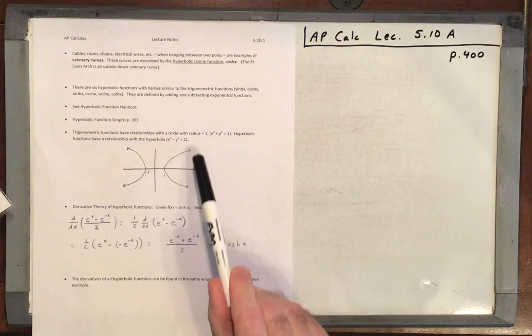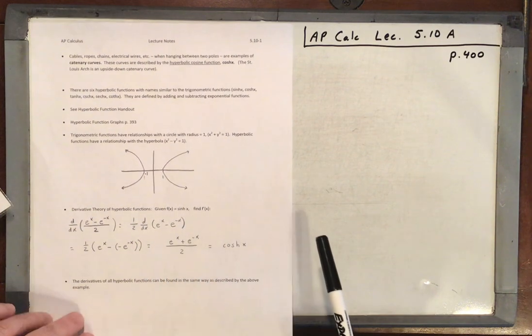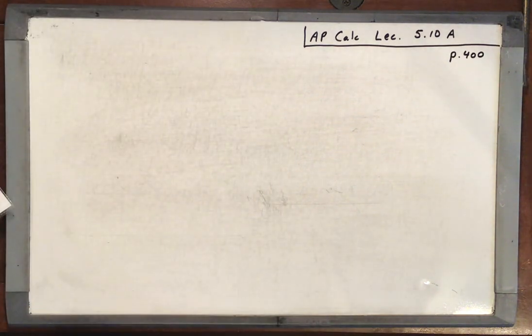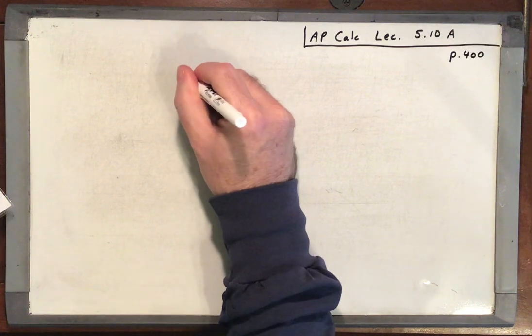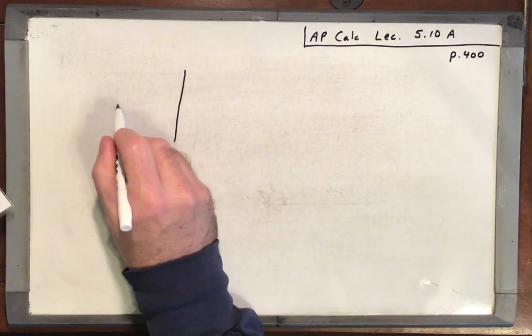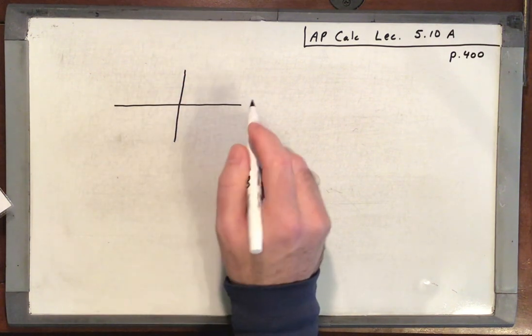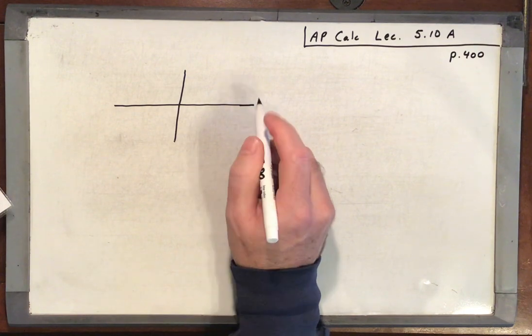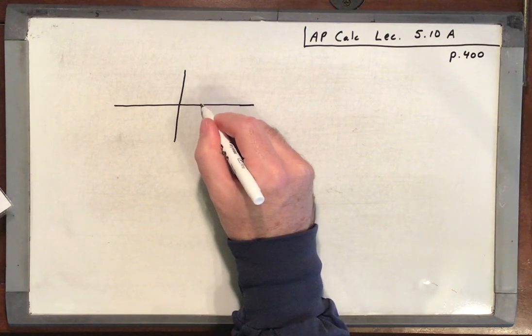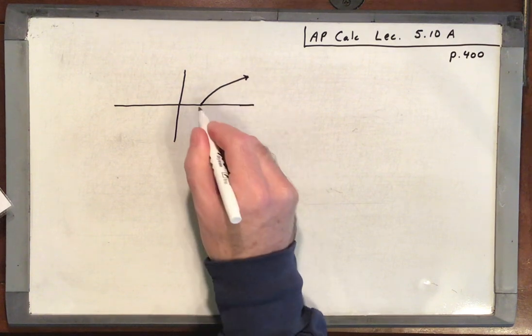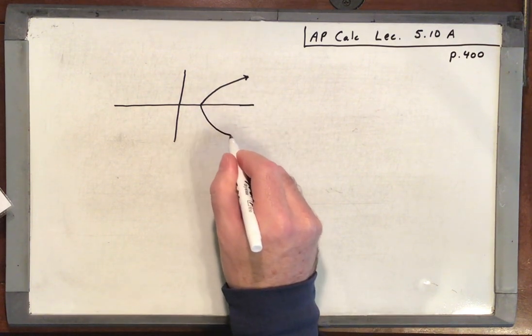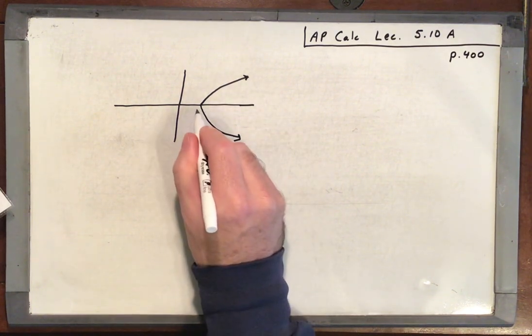Now we're going to draw this graph. This is a hyperbola, so draw this in your spot on your sheet. And if we were teaching in person today, I would be interested to see if you guys learned about hyperbolas in Algebra 2. All right, but a hyperbola looks kind of like a parabola, a sideways parabola.